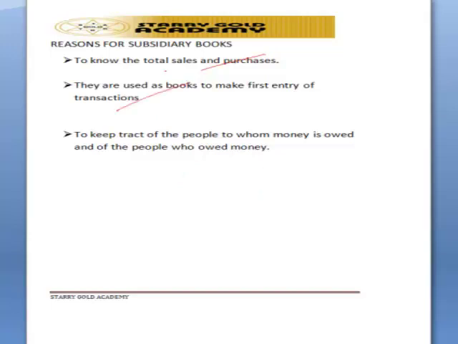I've told you they are first entry transaction books. Another is to keep track of people to whom money is owed, that is, the creditors, or what we call our payables.